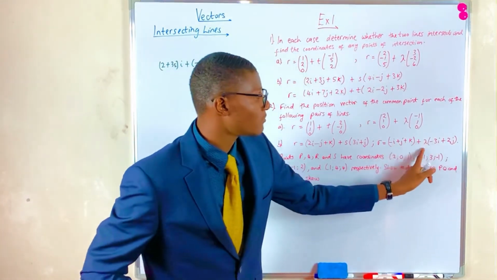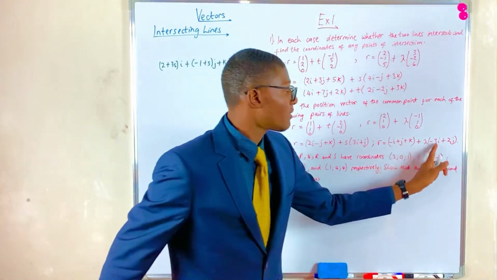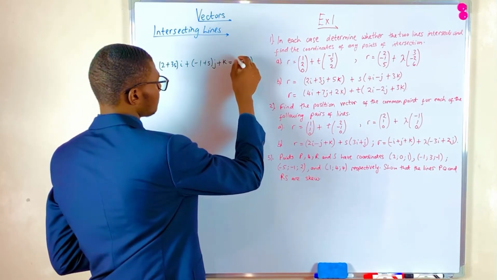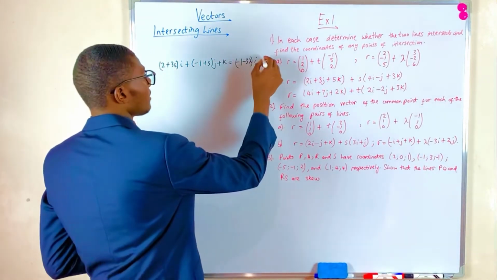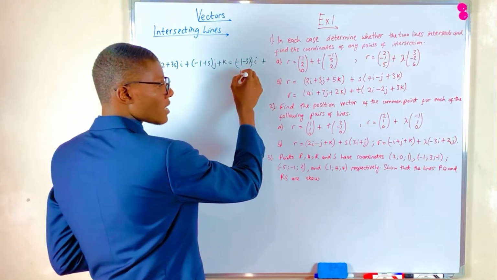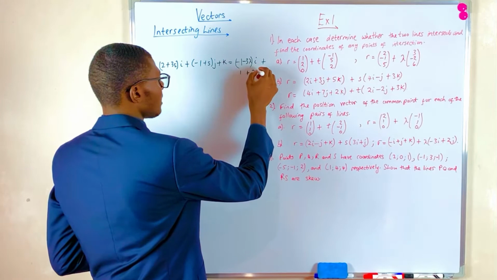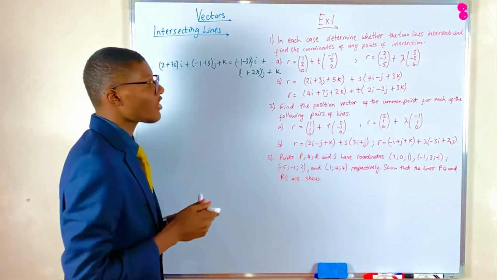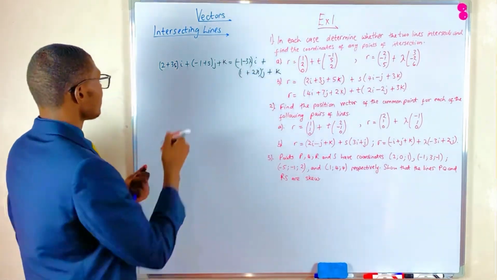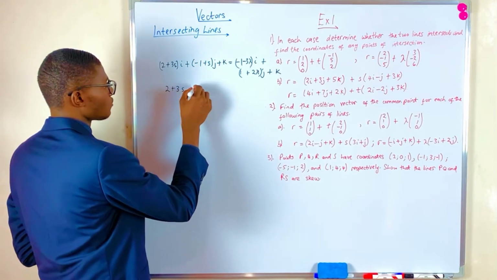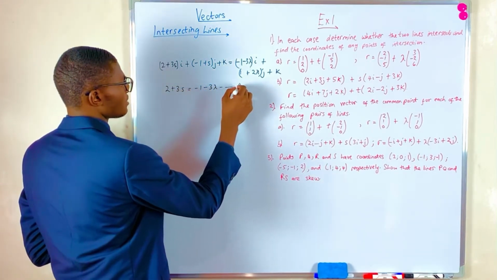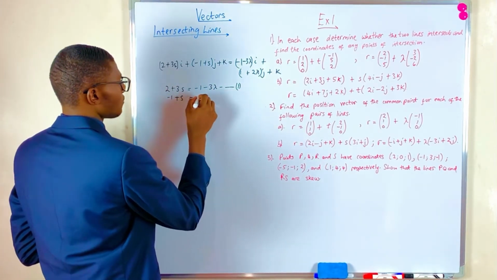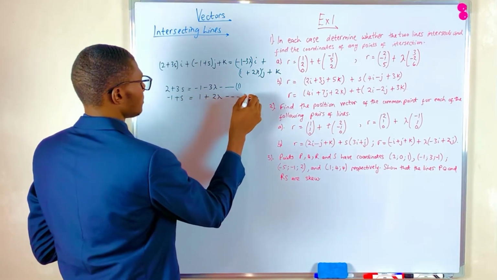So minus i plus 3 minus 3 lambda i, we are simply saying minus 1 minus 3 lambda i, then plus 1 plus 2 lambda j, and then plus k. So now if we equate the i's, we're saying 2 plus 3s is equal to minus 1 minus 3 lambda, which is equation 1. And then the j's, we're saying minus 1 plus s is equal to 1 plus 2 lambda, which is equation 2.